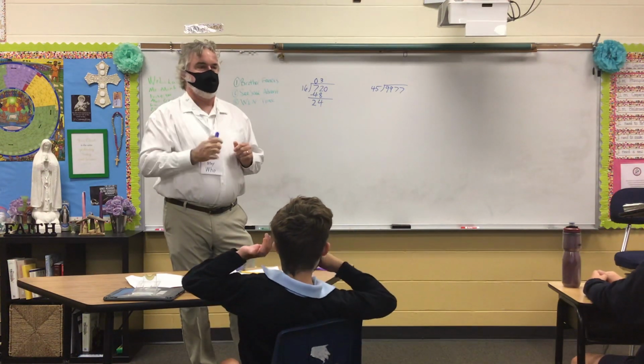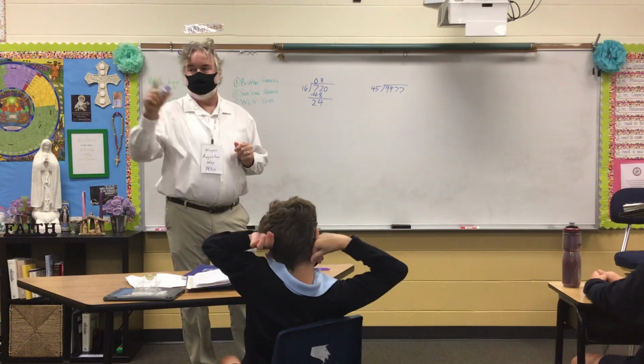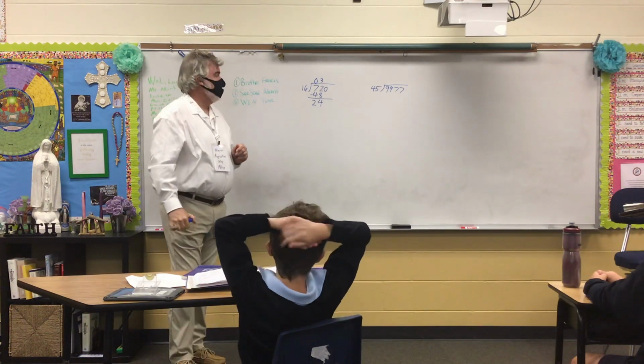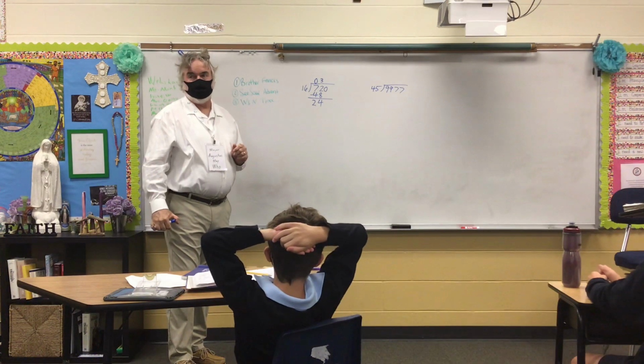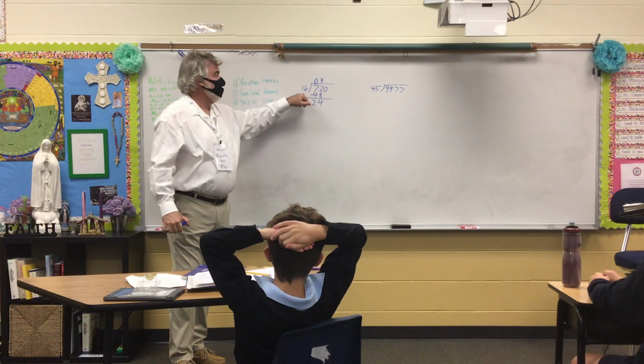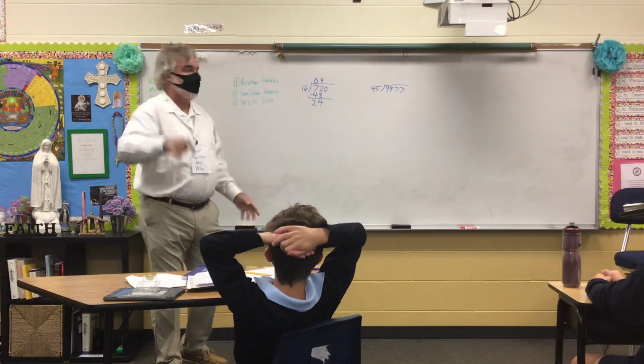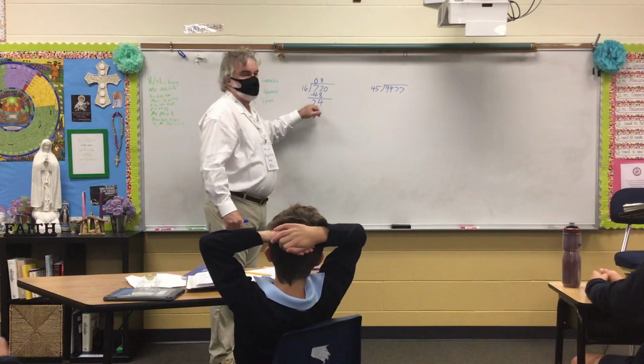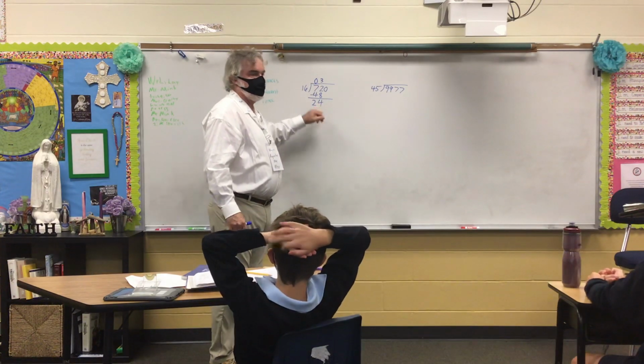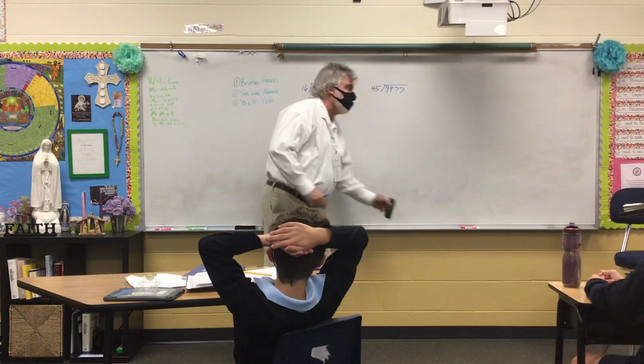What is wrong with that? Adam? You still have 24, and you can get rid of another 16. Yeah. This number should not be bigger than your divisor. So, like Adam said, you can take another 16 out of this. Okay? And that's where it should be.